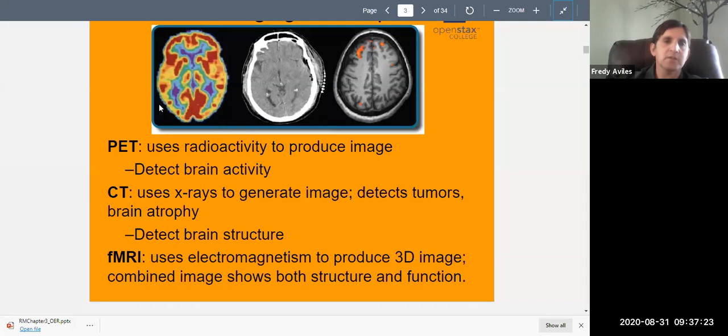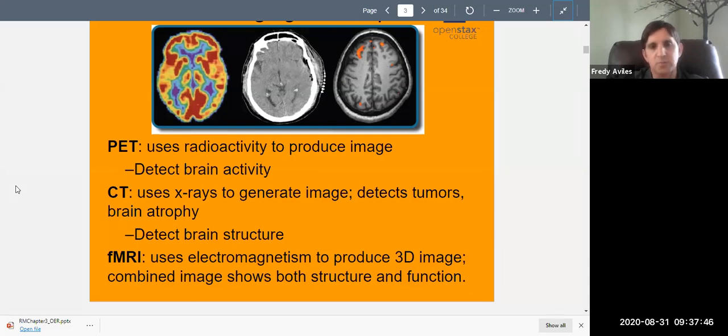The first one here is an image for a PET scan. A PET scan uses radioactivity to produce an image. So basically they have you drink some substance that is actually radioactive but not harmful. And then what happens is the areas of the brain that are more active, that are using more of this energy, and I believe they use radioactive glucose.